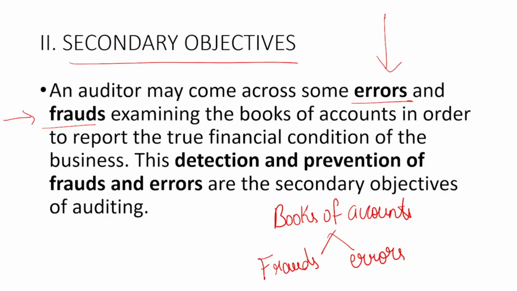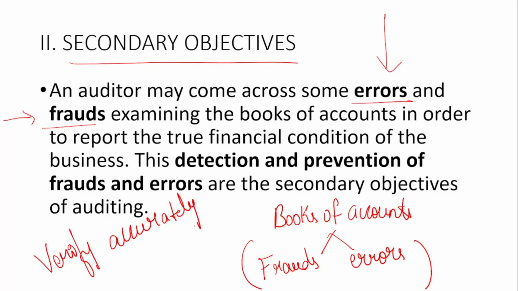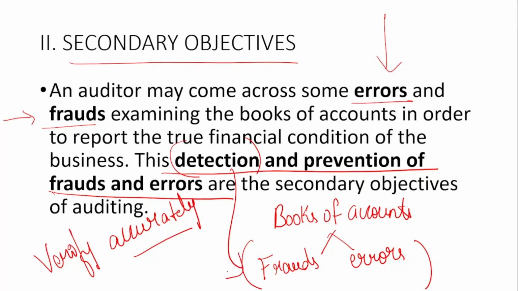In order to verify accurately, he needs to give a correct judgment. So he needs to detect, and prevention of fraud and errors is a secondary objective. First, he needs to detect these frauds and errors, then he needs to prevent, meaning avoid, these frauds and errors.